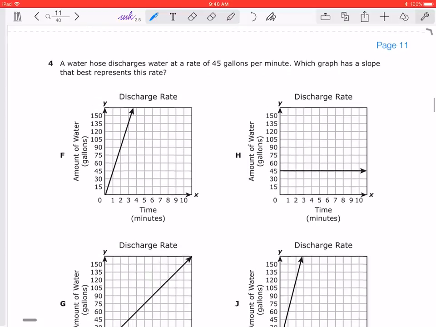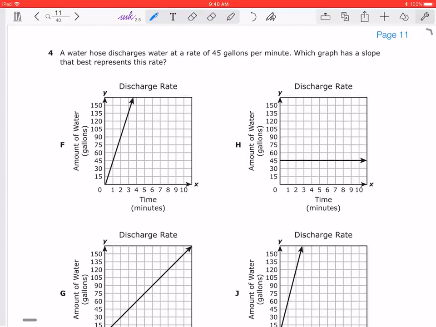So it says number 4, a water hose discharges water at a rate of 45 gallons per minute. What graph has a slope that best represents that rate? Well, that's a proportional. So again, I'm going to write proportional. The reason that I know that this is a proportional relationship is because we have no plus constant, we have no constant being added to our multiplier.